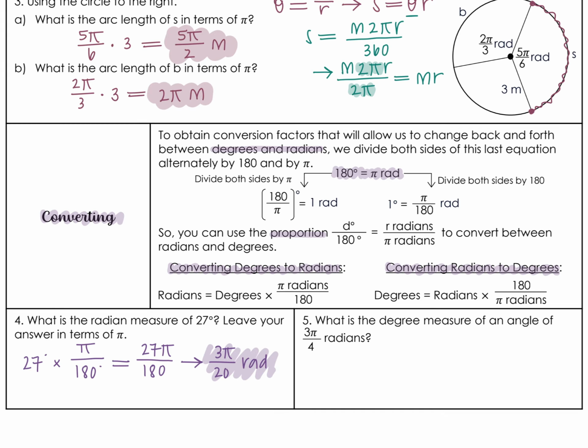All right, looking at number 5 here, they are asking what is the degree measure of an angle that is 3 pi over 4 radians. So we're going to start off with that 3 pi over 4 radians. And since we want the pi to cancel out, we need the pi in my denominator, and so I'm going to have 180 over pi. Okay, so I'm going to rewrite this.